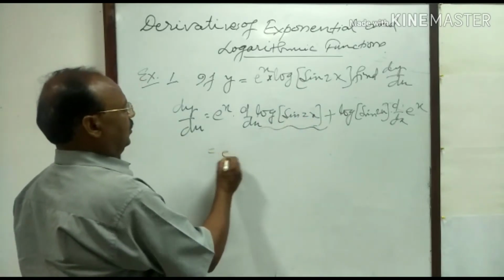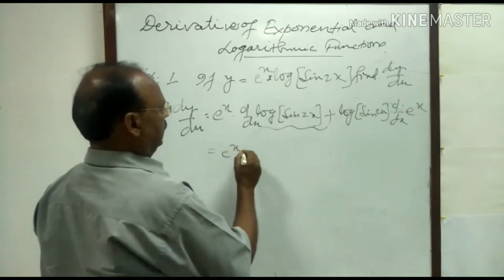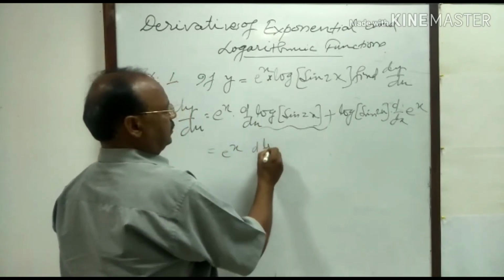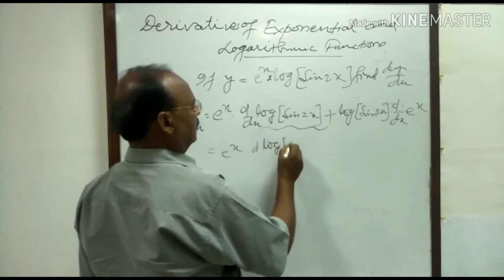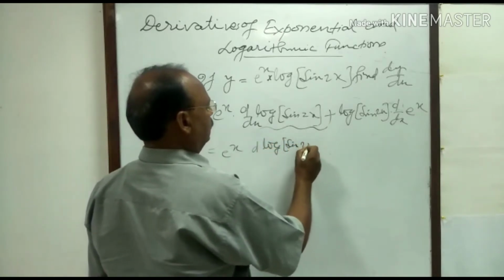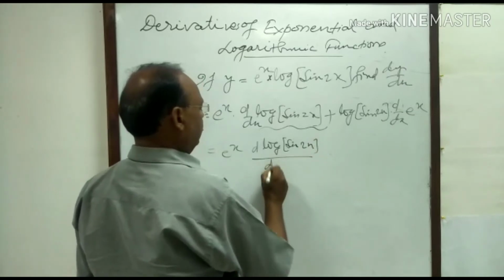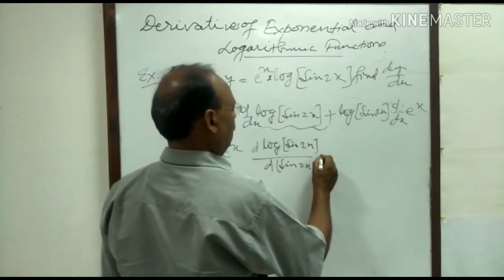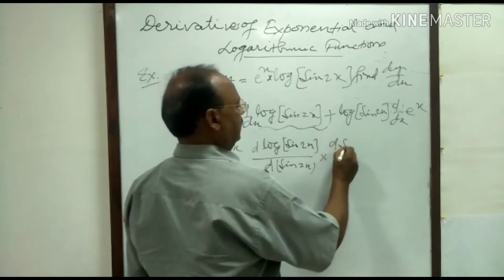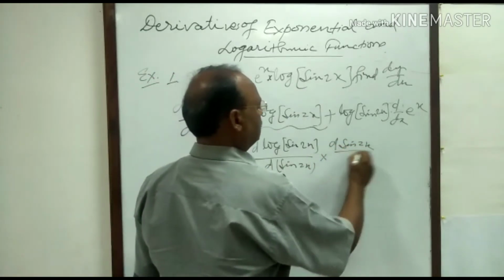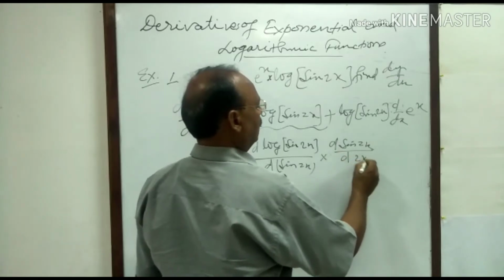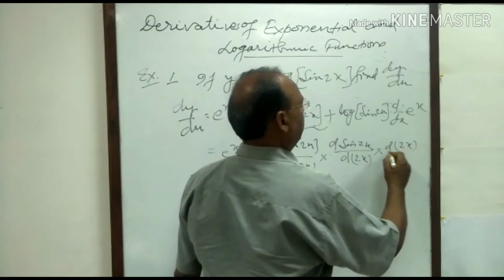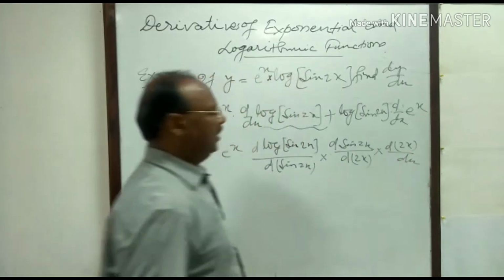This is equal to e to the power x into, first of all, we'll differentiate log of sine 2x with respect to sine 2x, into the derivative of sine 2x with respect to 2x, into the derivative of 2x with respect to x.